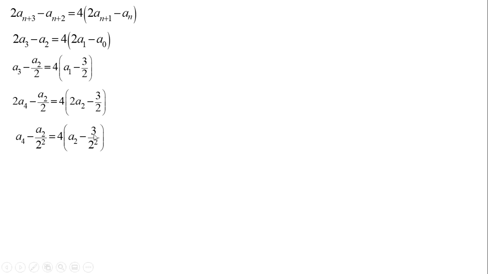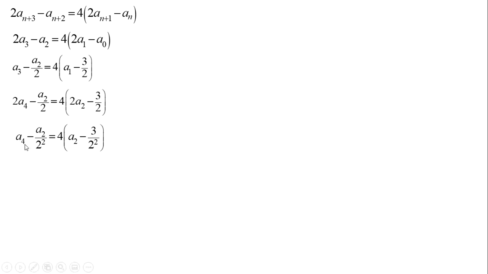Of course, as you can see, we can make a generalized formula. a2 is repeating each time, and also 3 is repeating each time. Of course, a0 is 3, a1 equals 2, and a2 equals 12. These are the initial conditions, and in terms of them we can also obtain the other terms.